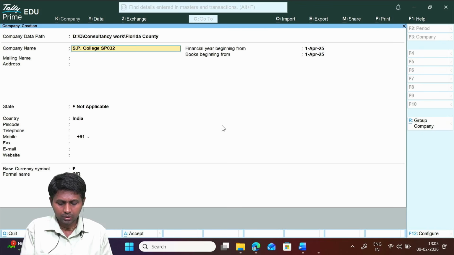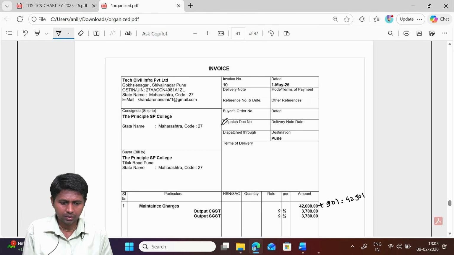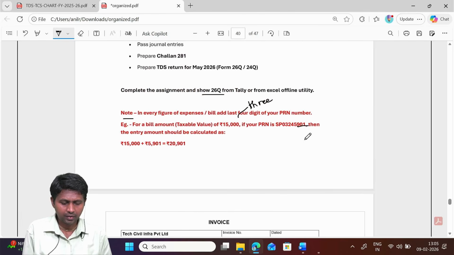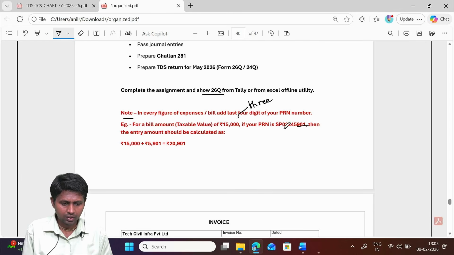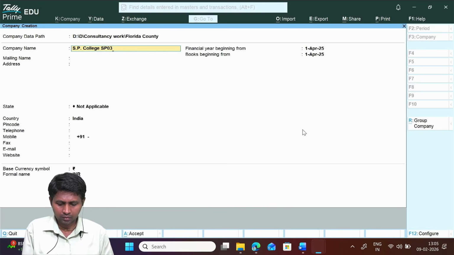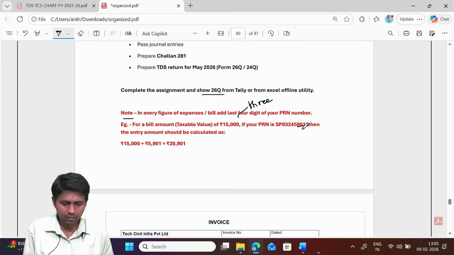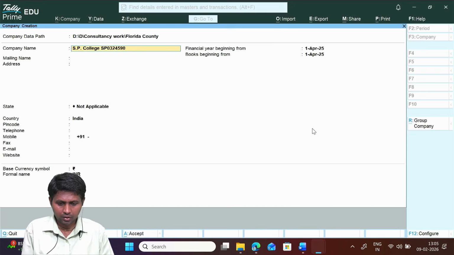In this assignment, for example, I have taken 901, so I will take this only, SP 03245 901. Then this is in Pune. Pune is in Maharashtra. Other details need not be specified.